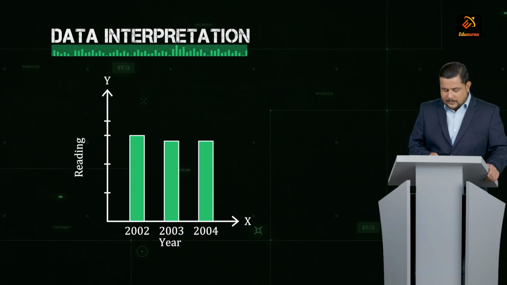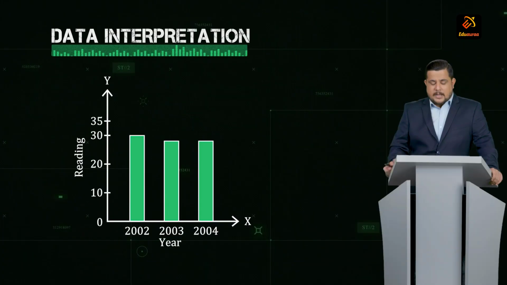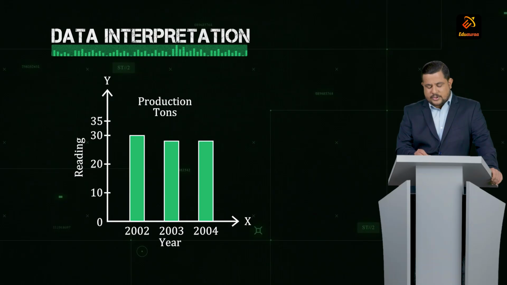And on the y-axis, the values of those bars are given. It starts from 0, then 10, then 20, then 30, then 35, like this. It is given like that, as we can see. And it is representing the production in tons, the production of a company in tons.